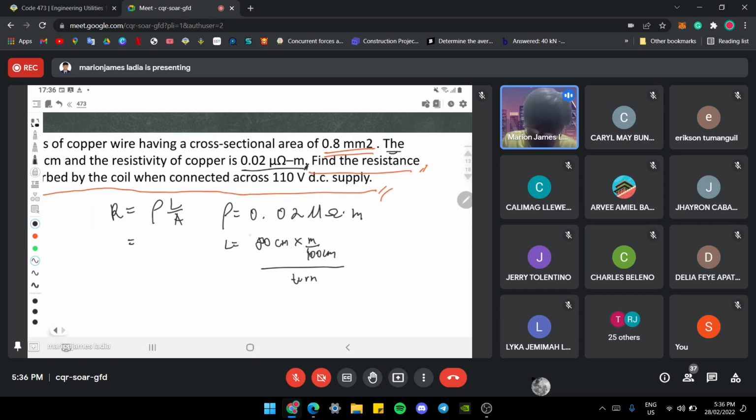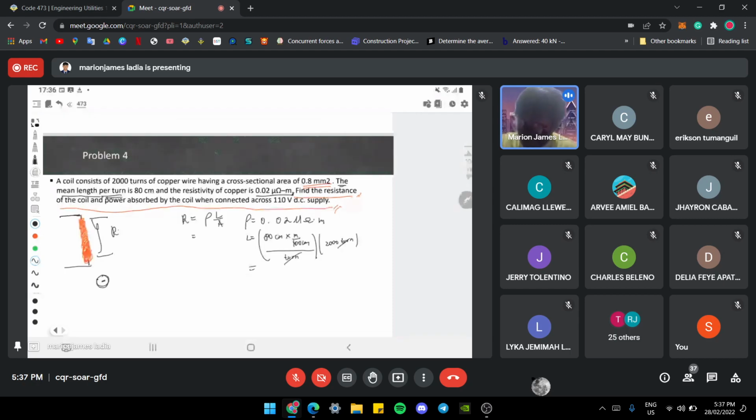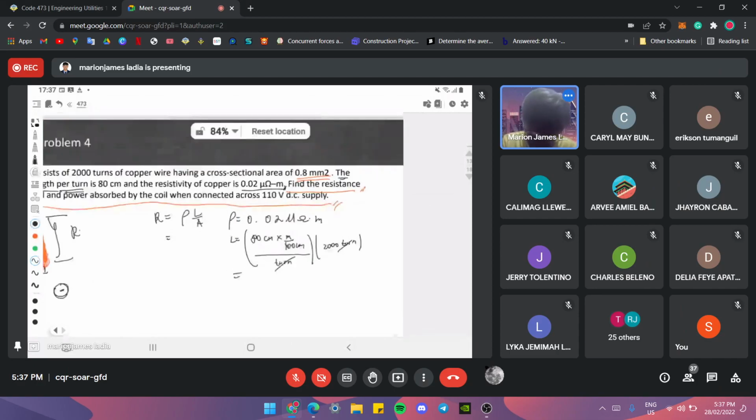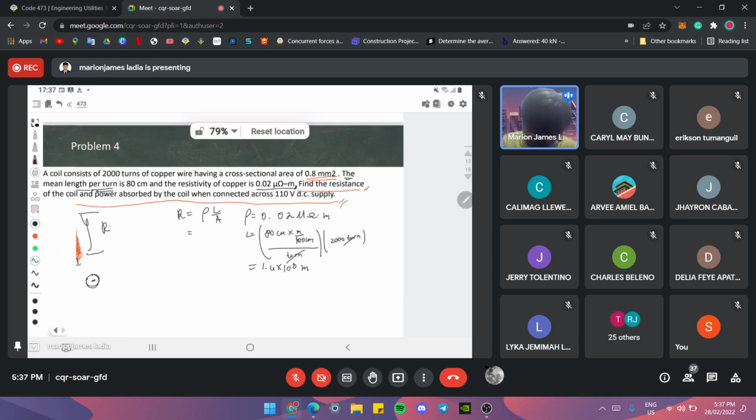Meron tayong 2,000 turns, di ba? So we have 80 multiplied by 1 all over 100 multiplied by my 2,000 turns. Okay? So from that, I will have a value of 1.6 times 10 raised to 3 meter. Okay? Next, meron tayong length.